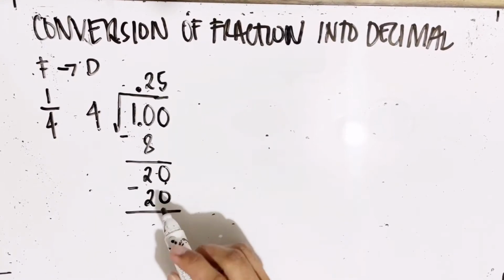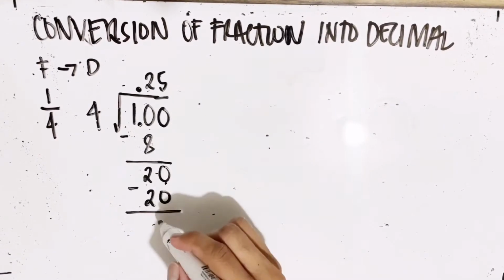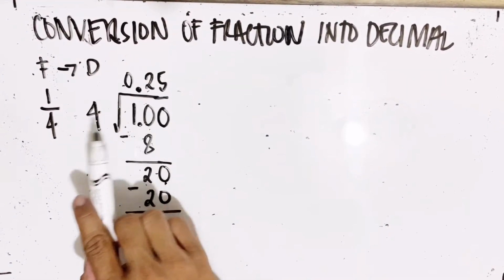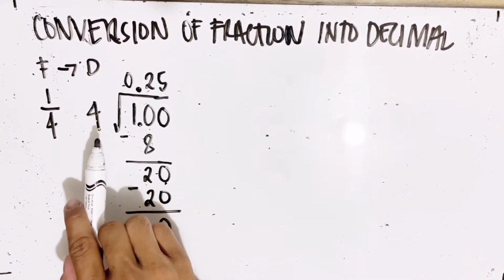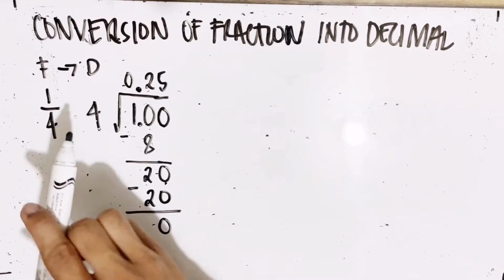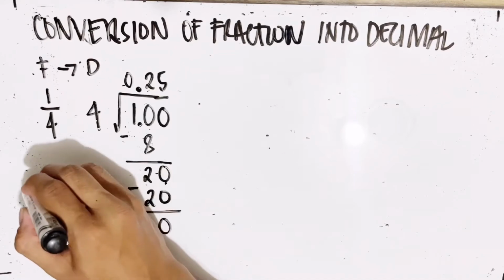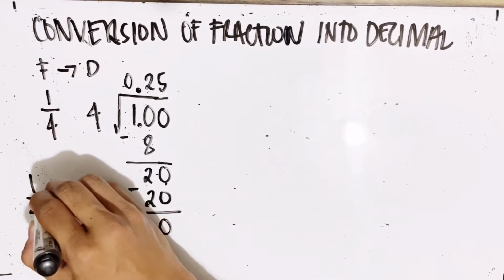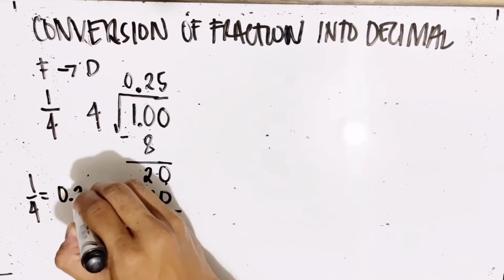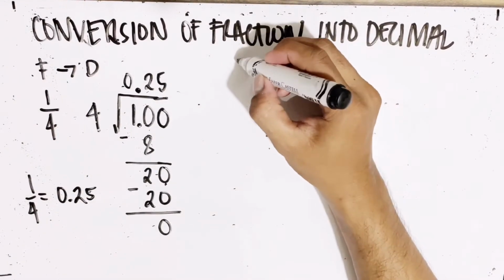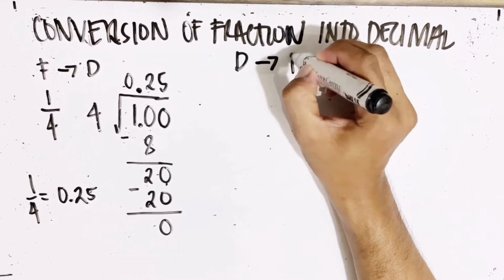Subtract them. 20 minus 20 is 0. The answer, or the decimal form of 1/4 is equal to 0.25. So 1/4 is equal to 0.25.